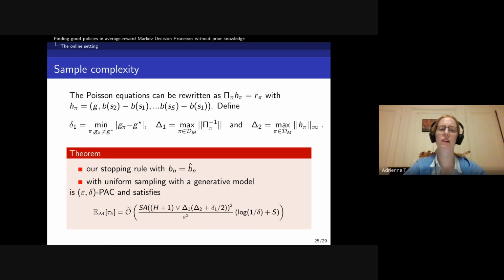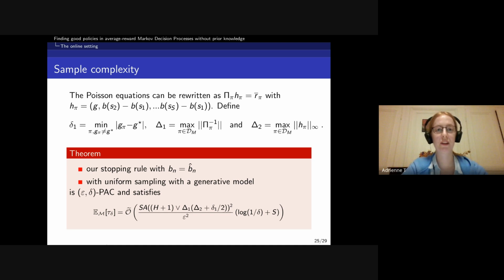And so you can rewrite the Poisson equations, which are, as you recall, the equivalent in our setting of the Bellman equations. You can rewrite them as just a linear operation. It's just some matrix pi times basically the bias vector up to certain few changes. And that product must be equal to the rewards vector.